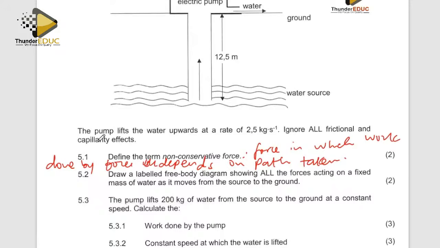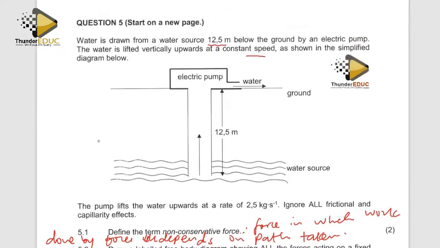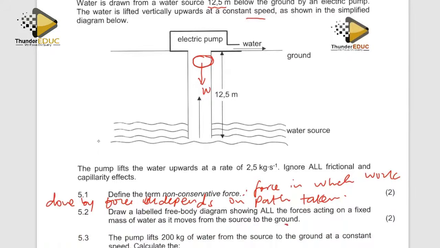Then they want us to draw a free body diagram showing all the forces acting on a fixed mass of water as it moves from the source to the ground. If a fixed mass of water is somewhere there, this water is going to experience what we call the weight. Is there any other force acting on this water?